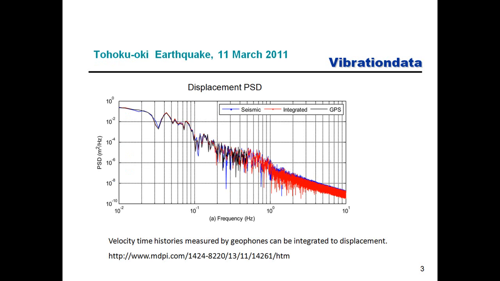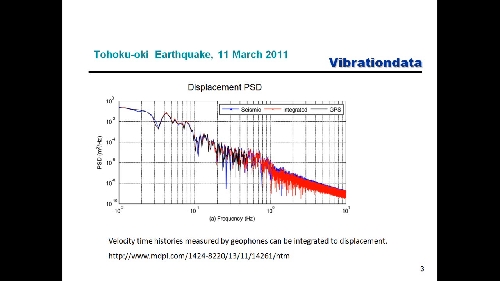So here's something interesting. This is from the Tohoku Oki earthquake, which occurred on March 11, 2011. That name might not mean anything to you immediately, but this was the earthquake in the region of Sendai, Japan, that caused the problems with the Fukushima nuclear reactor due to both the earthquake as well as the following tsunami.